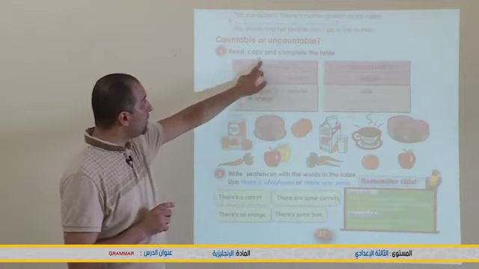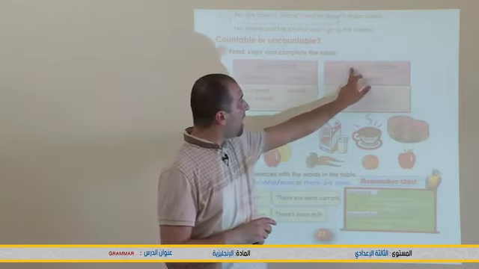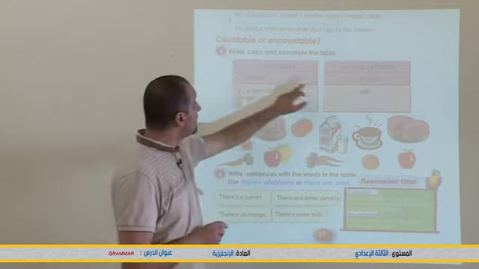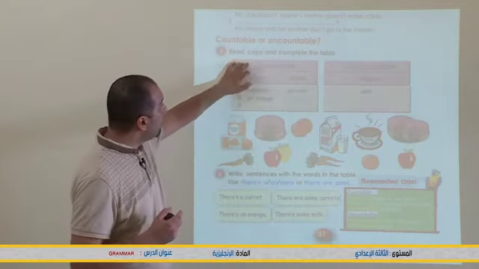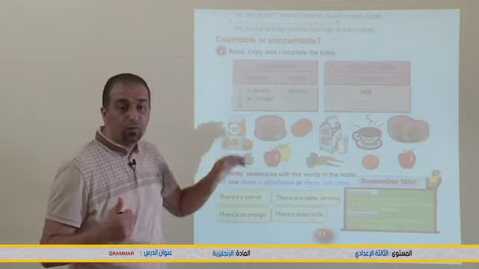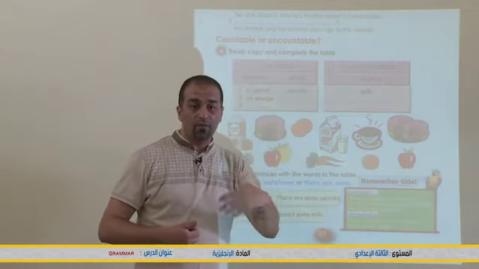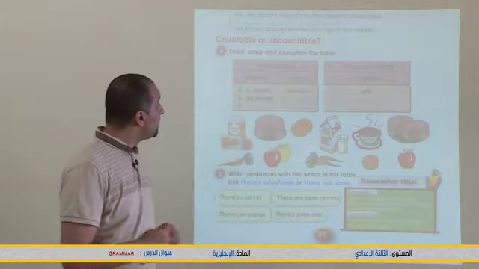We have here countable nouns, singular and plural, but in uncountable nouns we have just singular. Countable comes from the verb to count, when we say 1, 2, 3, 4, 5 and so on. So this is counting, that's why we say countable.